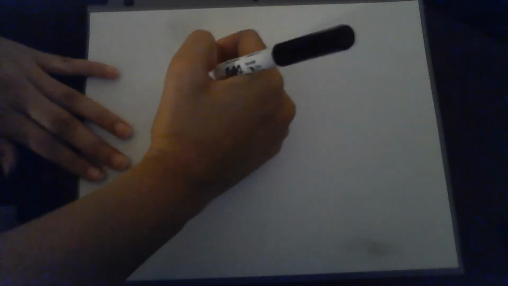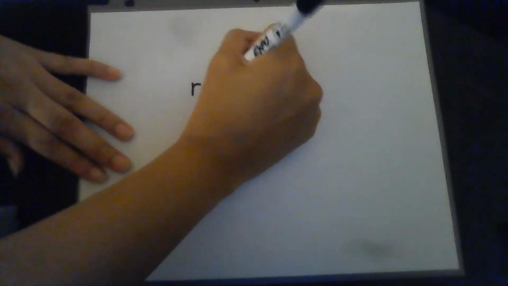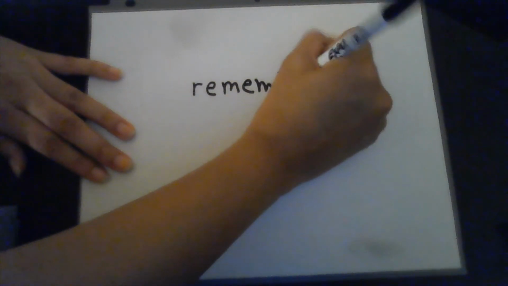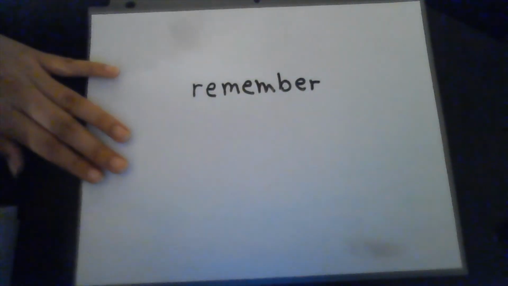Okay, boys and girls, let's try to read that word part by part to figure it out. I want you to grab your paper and your pencil, and I want you to follow along with me. Let's go ahead and write that word down. Remember, I want you all to take some time. How can we read this word part by part?